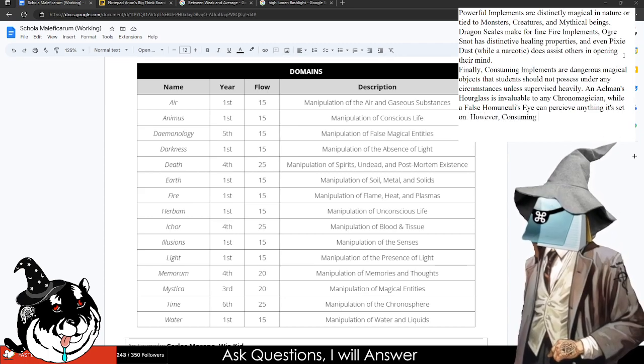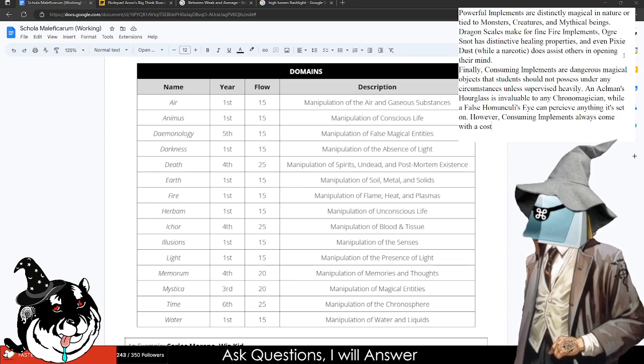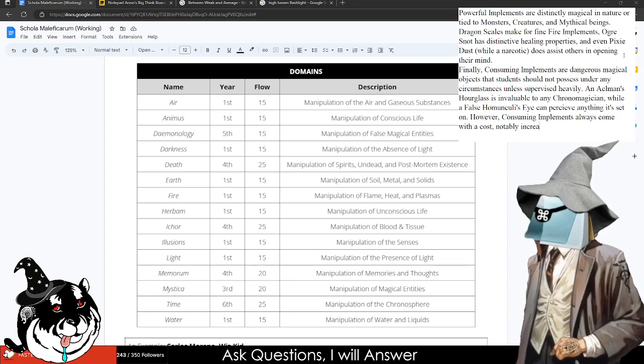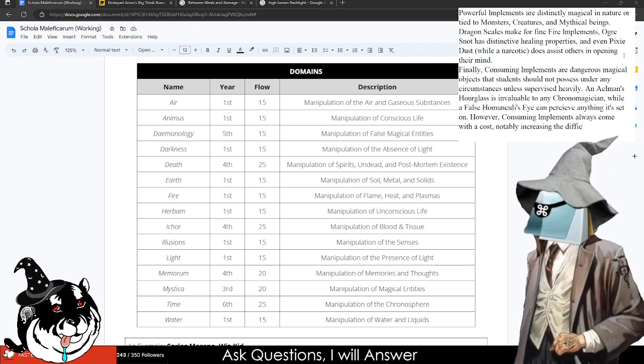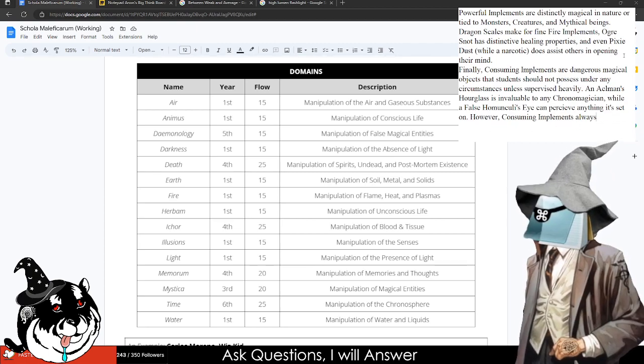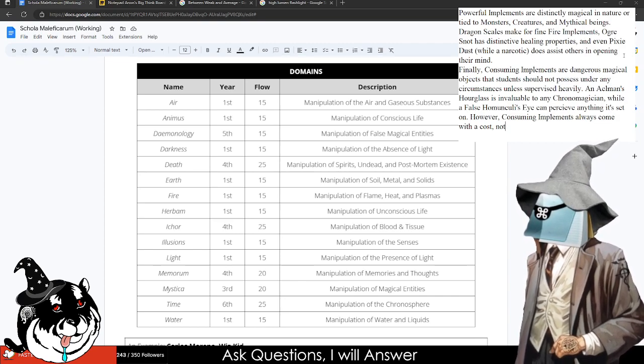However, consuming implements always come with a cost, notably making not only.